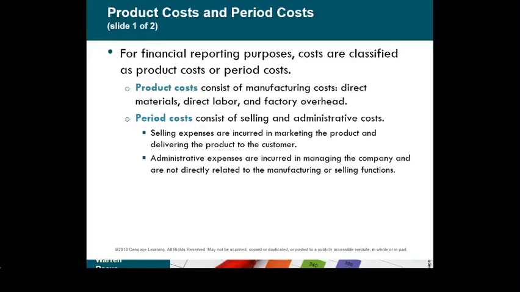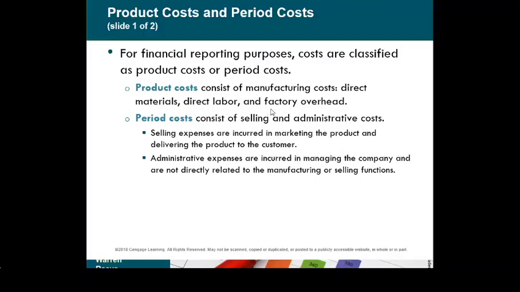Examples of selling expenses are the commissions of the salesperson, the marketing managers, and the advertisement costs, and administrative expenses such as the finance manager's salary, the account clerk salaries, and the admin clerk salaries.